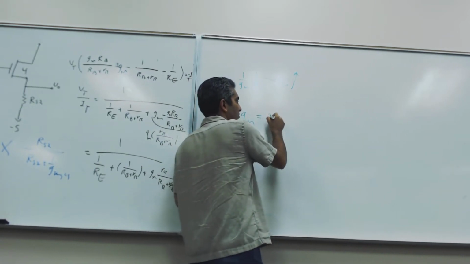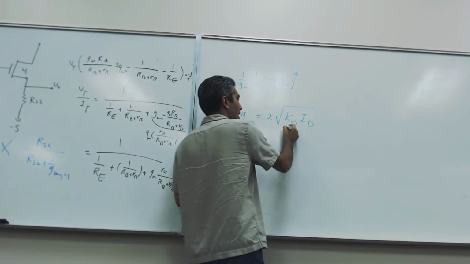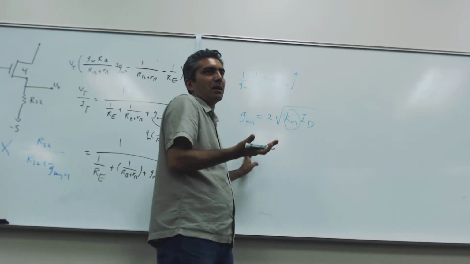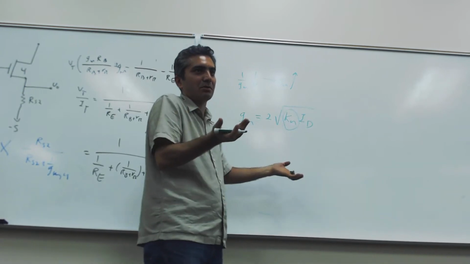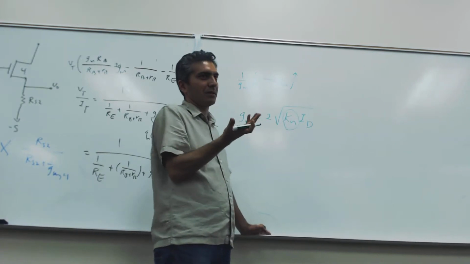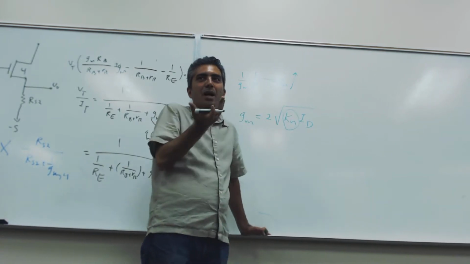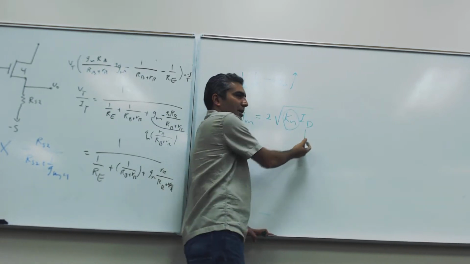What was gm in this case? Kn is process, which I have no control over. Once you make the device, that's it. Once you have a device, you have a Kn. There's no design there. It's a given, right? But ID I can change.